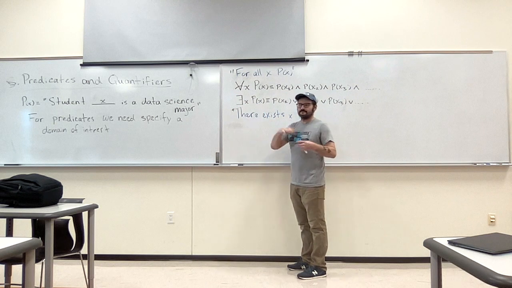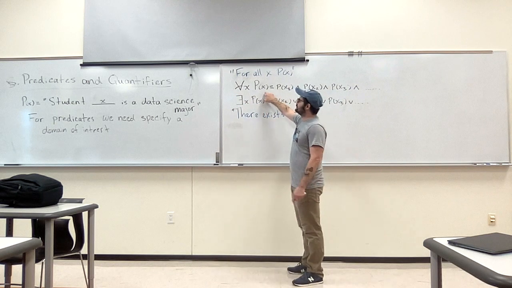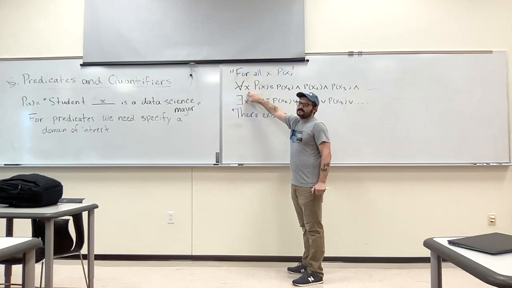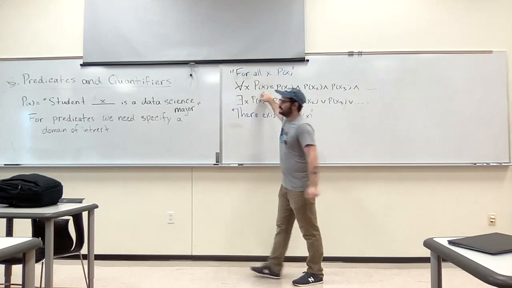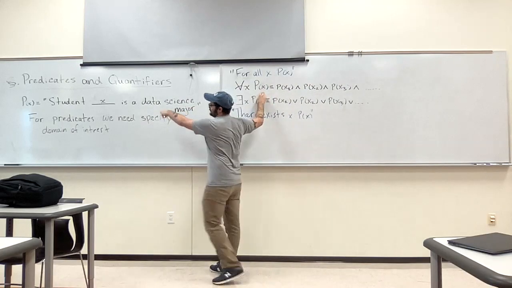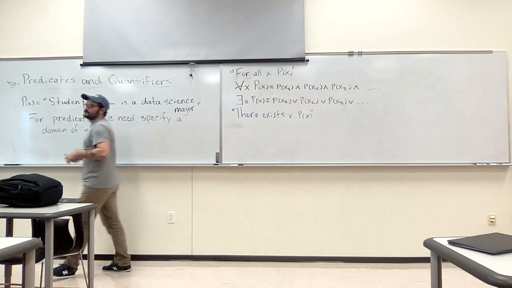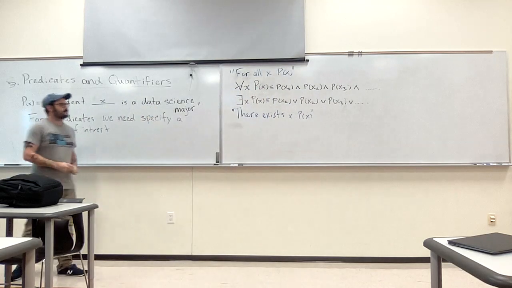This is true. And this statement up here would be for all students X in this class, P of X, or for all students in this class, student X is a data science major, which is false, right?